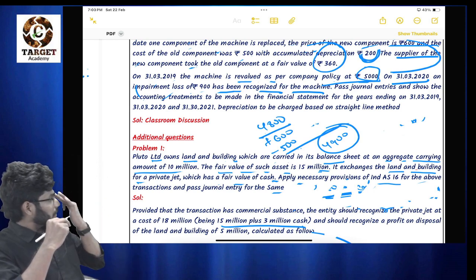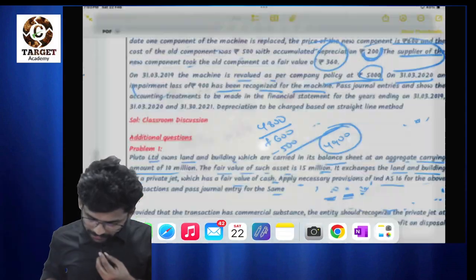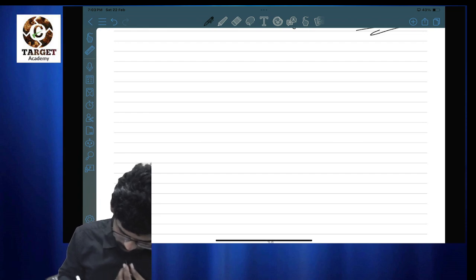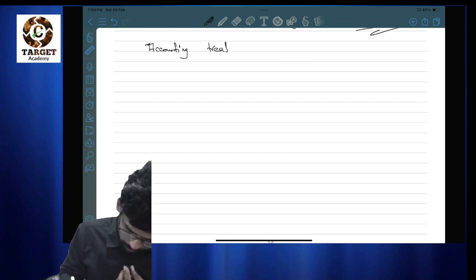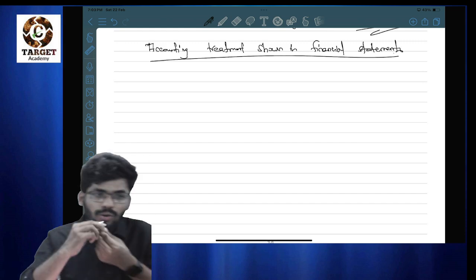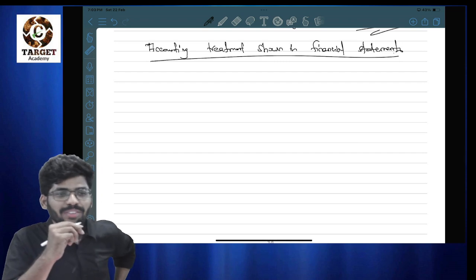Okay, next. Please note down accounting treatment. Accounting treatment shown in financial statements.